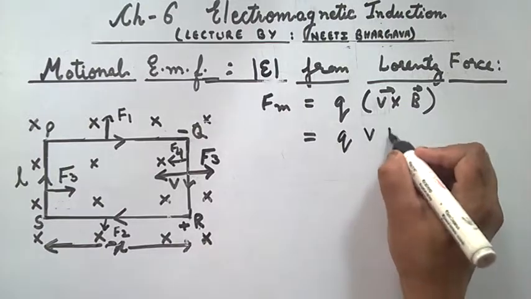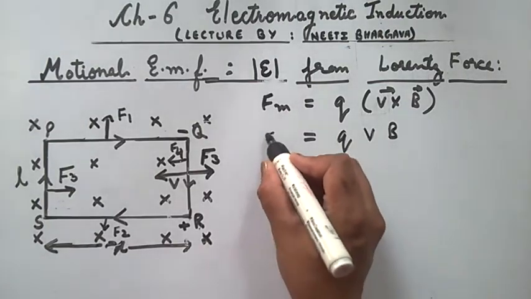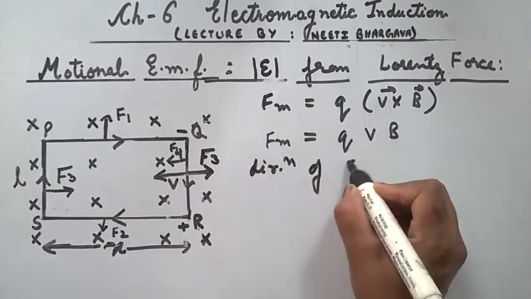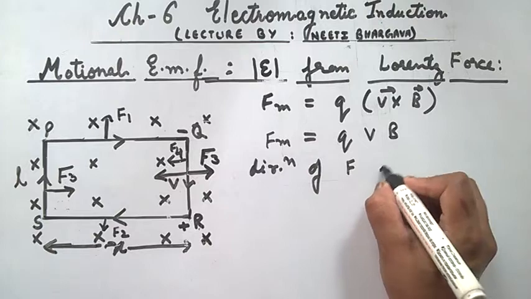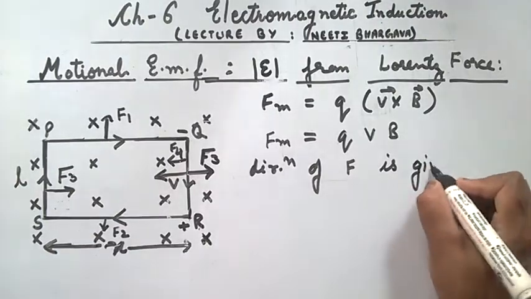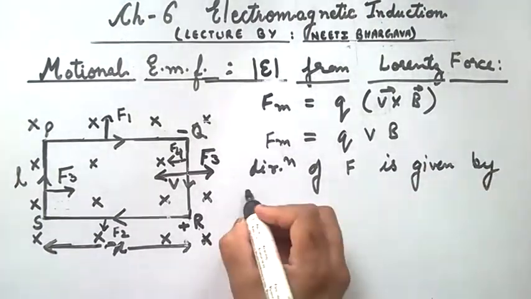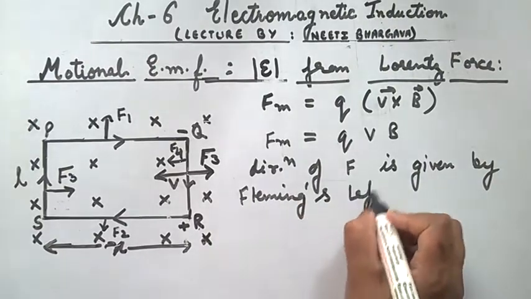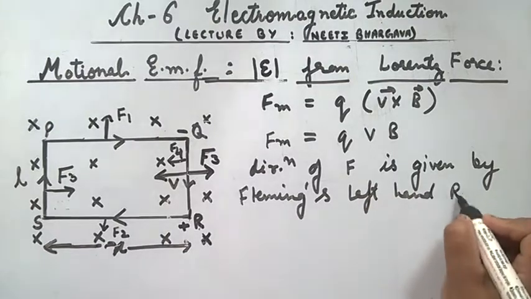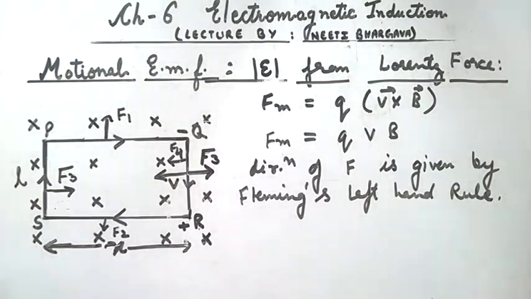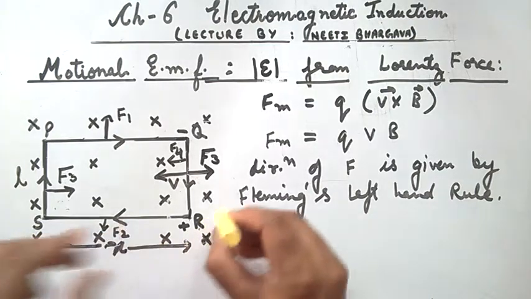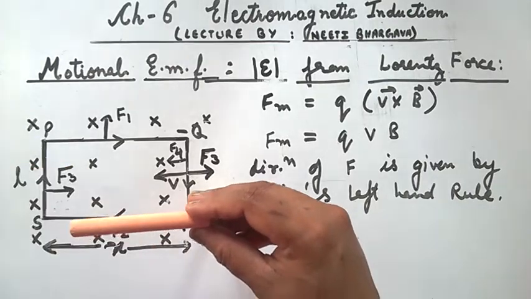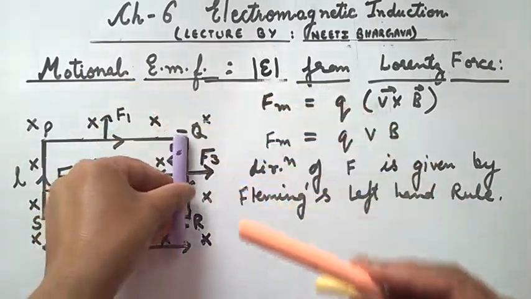Therefore QVB sin 90, which is 1, and its direction of force is given by Fleming's left hand rule. Let's see it. As we know, the direction of magnetic field is into the plane of the paper. Direction of current is clockwise in this way. Thus, the thumb points in this direction, that is along QR.